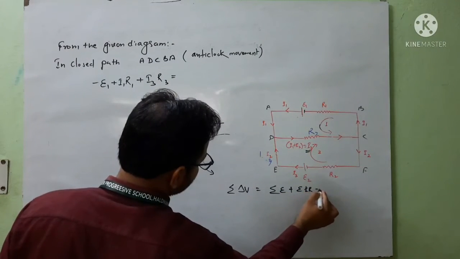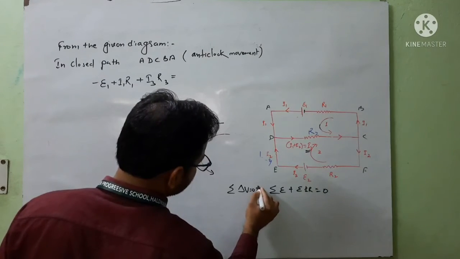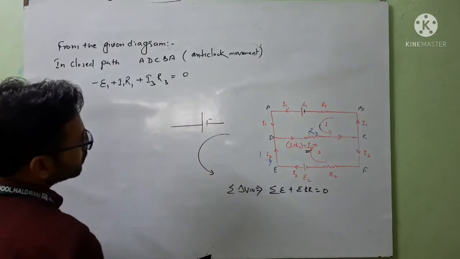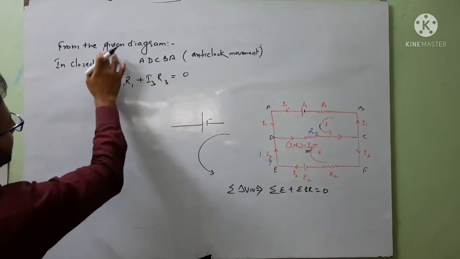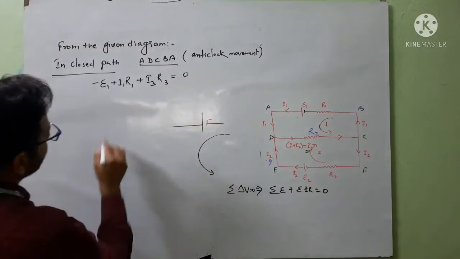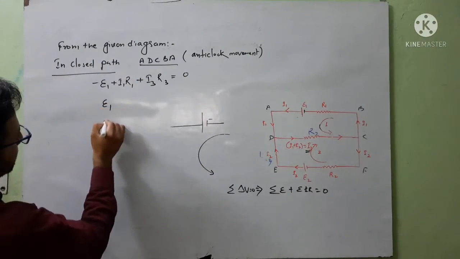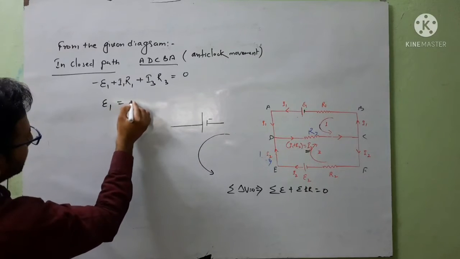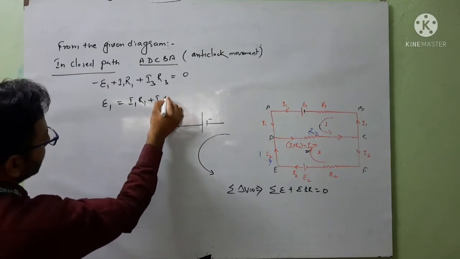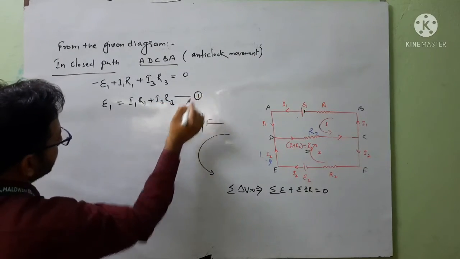Clear, student? So we can write equal to 0 for this closed path ADCBA. Now we can readjust the things: E1 goes to that side, equal to I1R1 plus I3R3. This is our equation number 1.